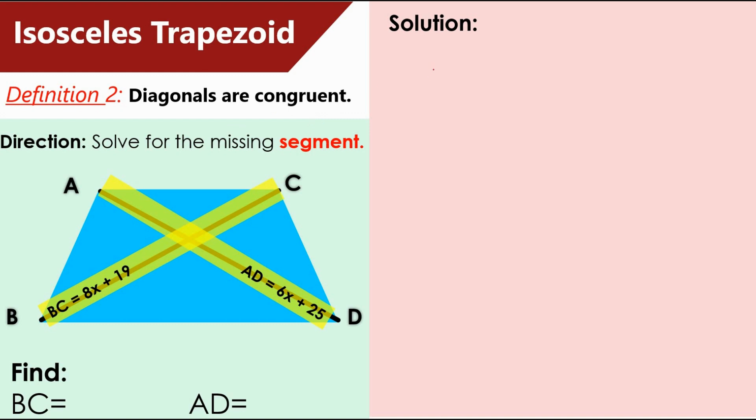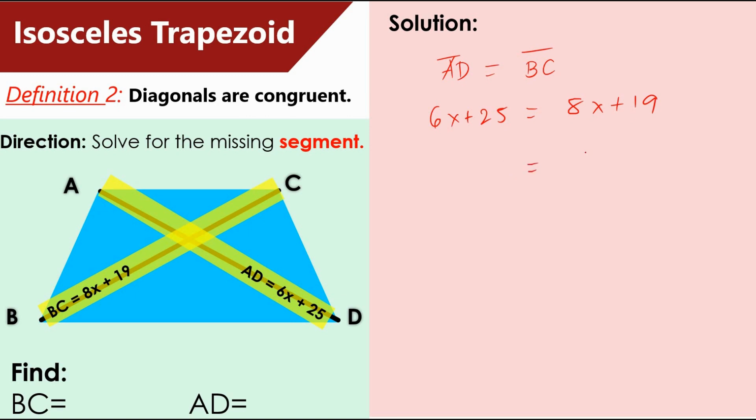For the solution, we can assume that segment AD is equal to segment BC. For the next step, let us substitute the measurement of each segment. For segment AD, this measures 6x plus 25, while for segment BC, this measures 8x plus 19.